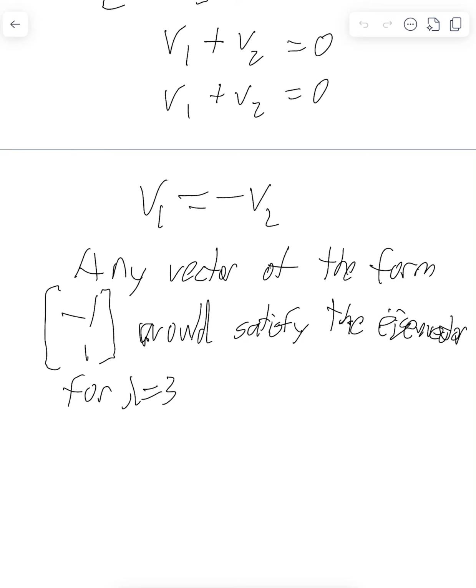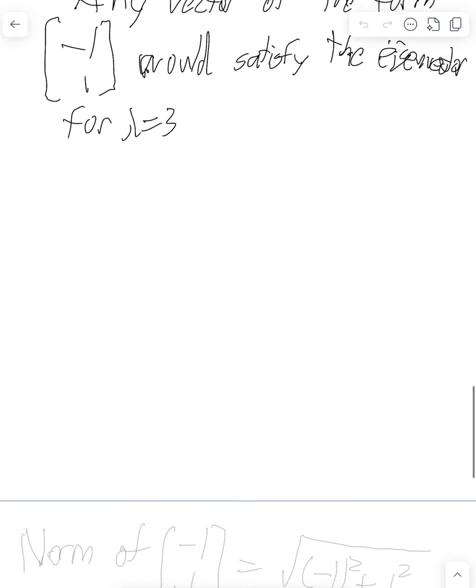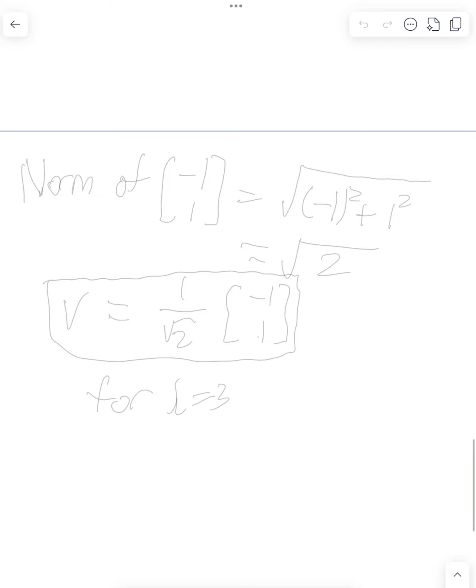Once you find this, you are going to have to normalize this vector, which is pretty straightforward, so we can just go to a different page here. The norm of (-1, 1) is just going to be equal to the square root of the top value, -1 squared, plus 1 squared.